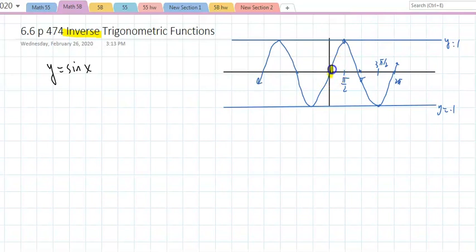We noticed that if I start at 0, I can't exceed pi over 2 to the right, and I can't exceed negative pi over 2 to the left. So, for y equals sine of x to be 1 to 1, I need to restrict the domain between negative pi over 2 and pi over 2.